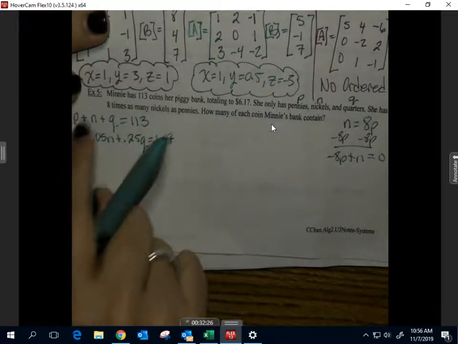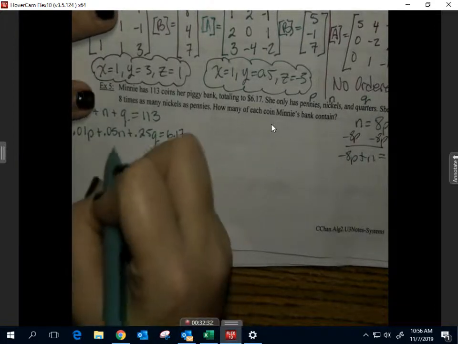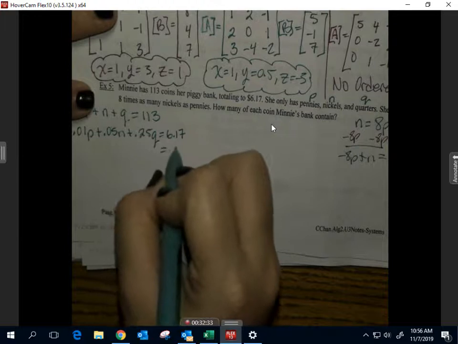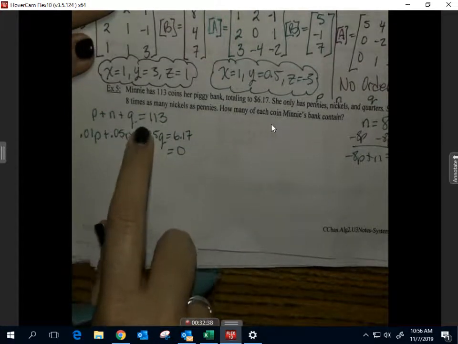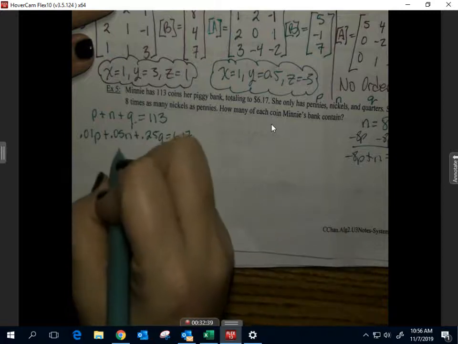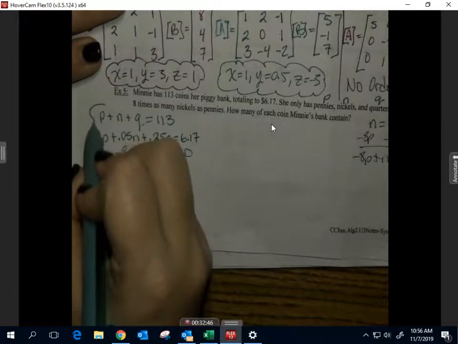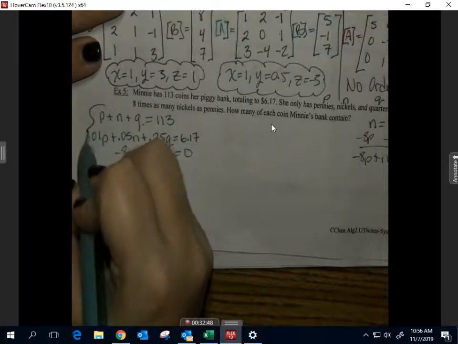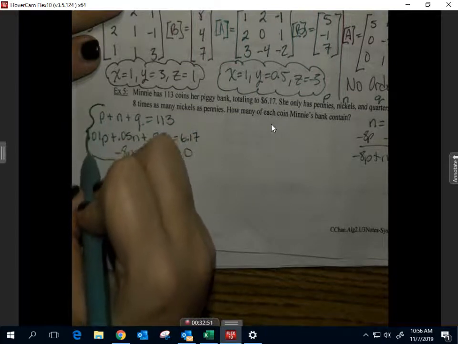That's the equation I'm going to put here. Okay? What am I missing? Quarters. So I'm going to try to line up my equal sign. This one's not lined up. I apologize. So negative 8p plus n equals 0. So here's my system, guys.